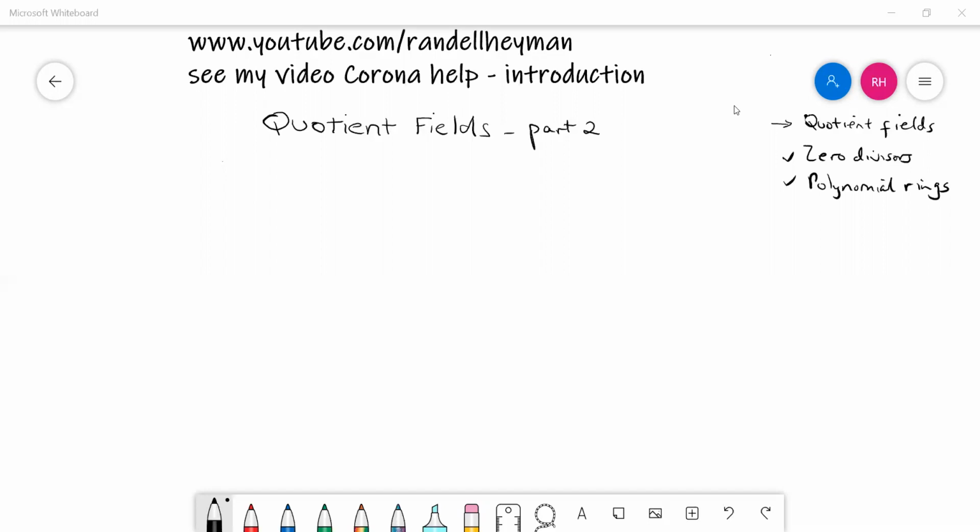So in the last video, we talked about integral domains, which are very close to the concept of a field. We just need a little bit more conditionality to get to a field. And quotient fields are really a very natural way to get from integral domains to a field.